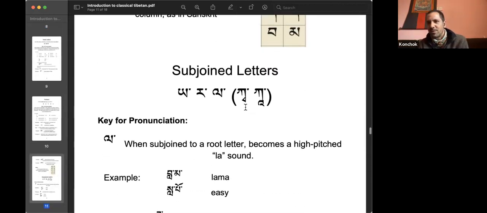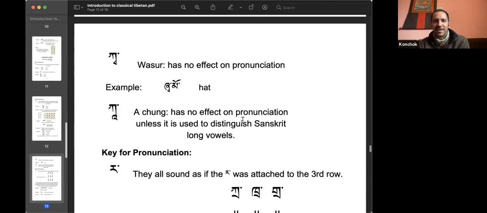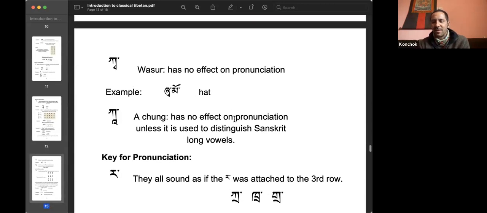That's why it's called a wasur. If you see this in Sanskrit, this would be pronounced kwa, like swa, kwa. You see that, for example, in the swaha. The Tibetans say soha, but actually, if we pronounce it with a Sanskrit accent, it should be swaha.